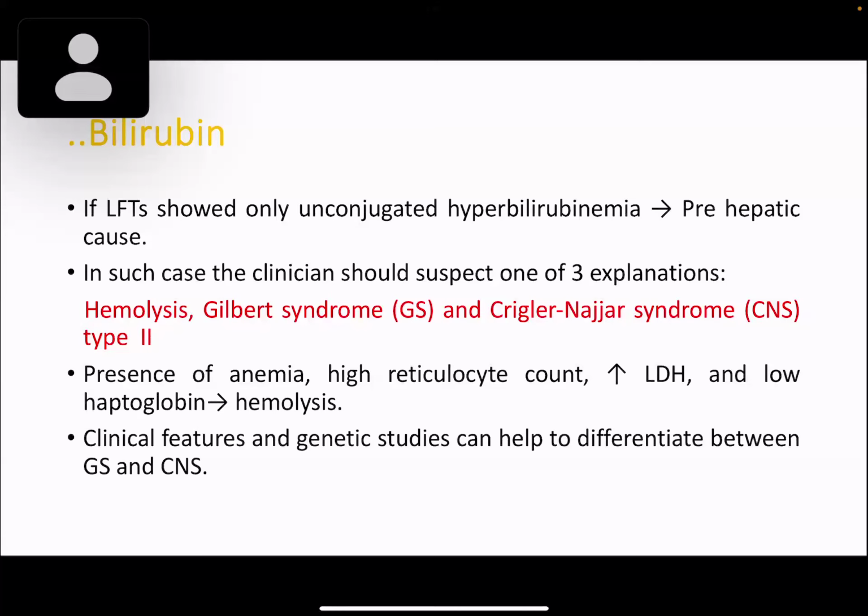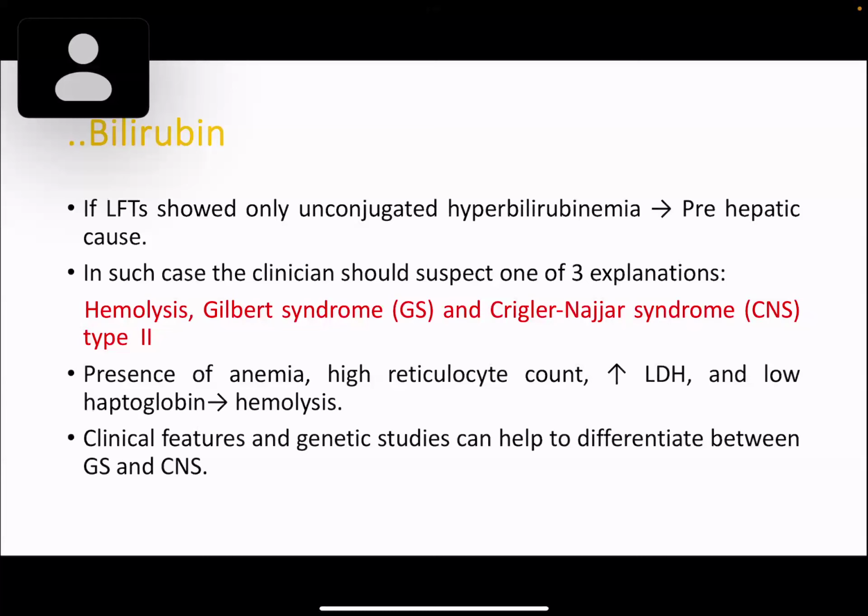While Crigler-Najjar syndrome, especially type 2, is mainly seen in adults, because type 1 Crigler-Najjar syndrome usually occurs earlier during infancy. This syndrome is severe, and can lead to severe jaundice and complications, such as neurological complications.